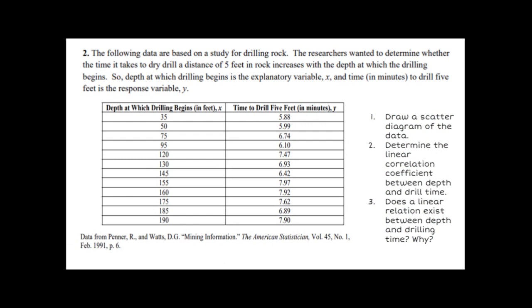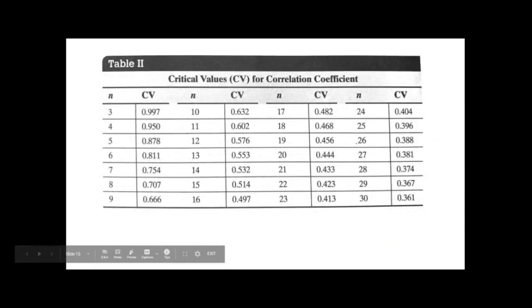0.77. That's right. So question number 3, does a linear relation exist between depth and drilling time, and why? We're going to use the table that we call the critical values for correlation coefficient. So you said you have 0.77? Yes, 0.773.